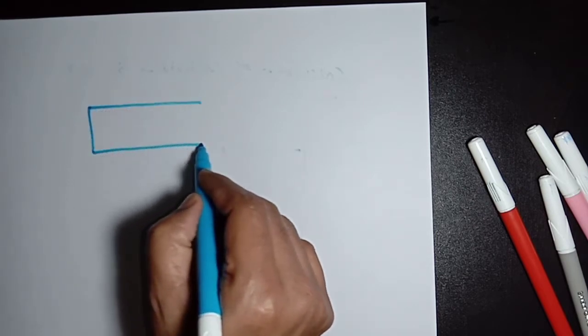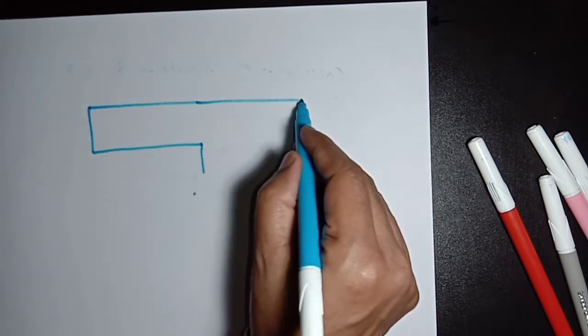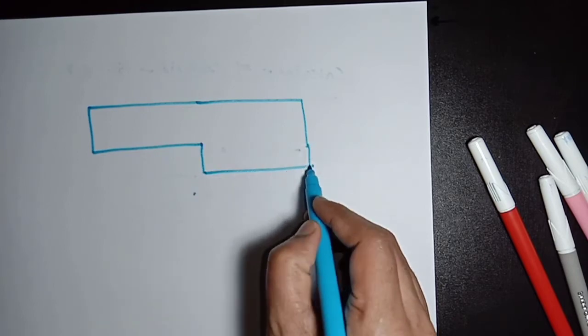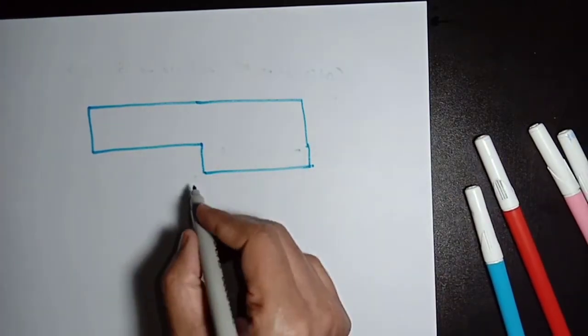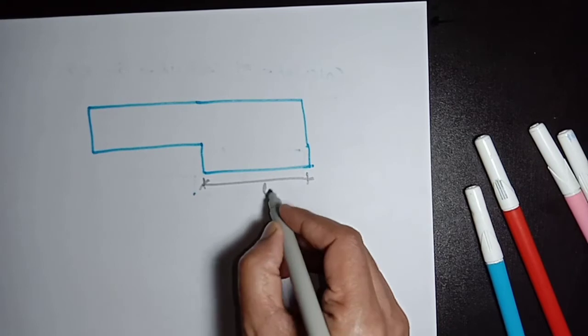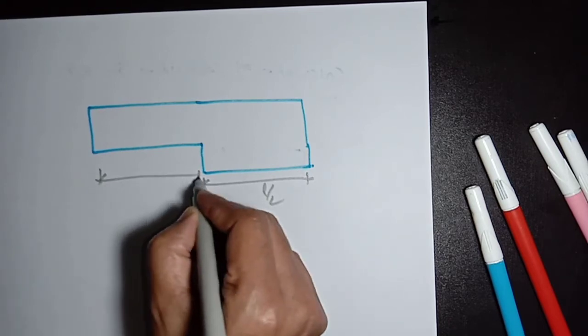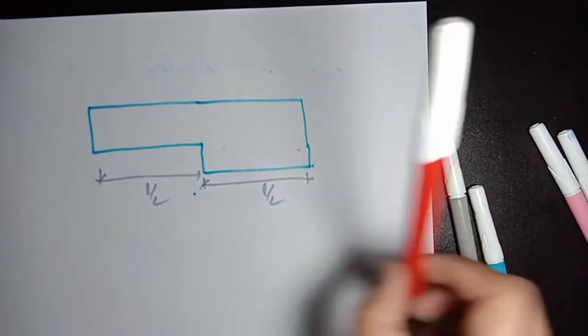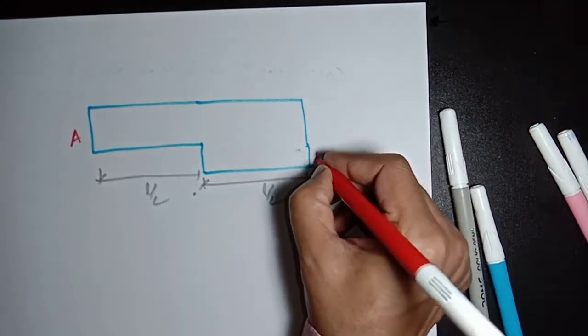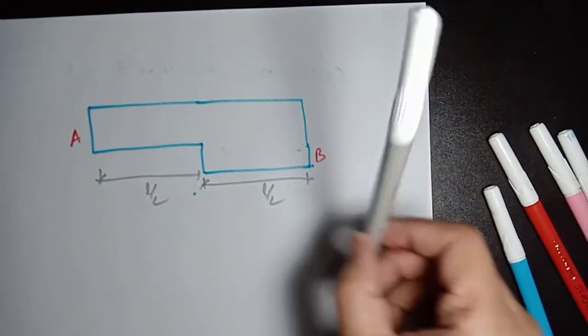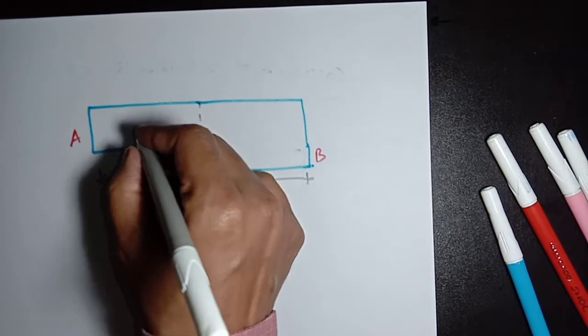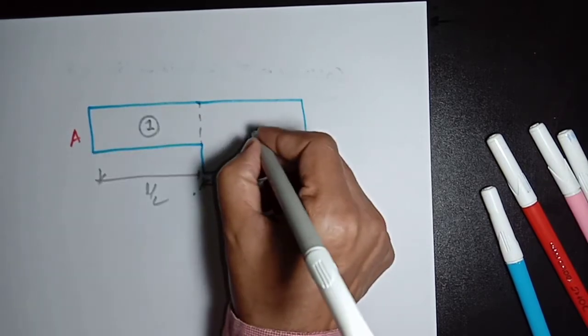This is the beam. This length is L by 2, this is also L by 2, and this point is A. This point is B. And this is region 1, and this is region 2.